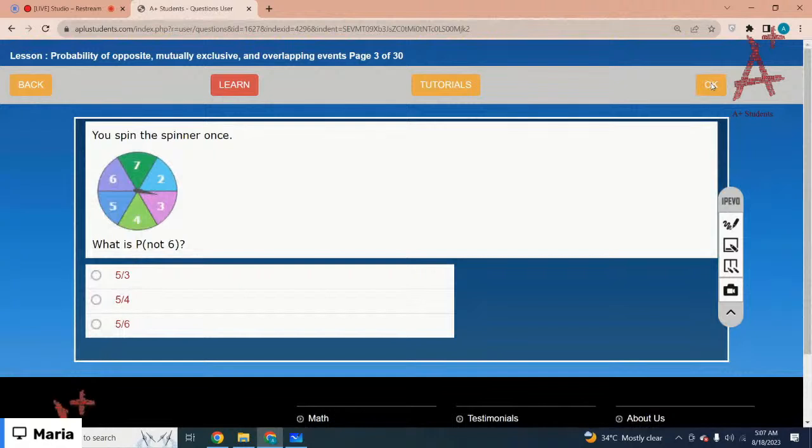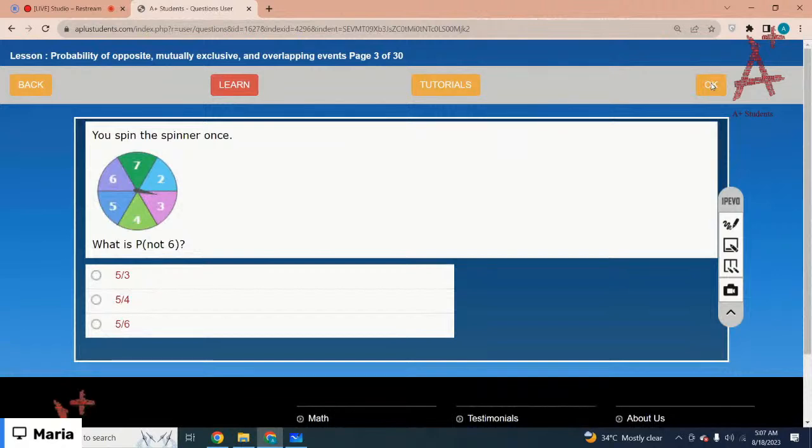The probability of 6 is 1 over 6, and not 6 is 1 minus 1 over 6.